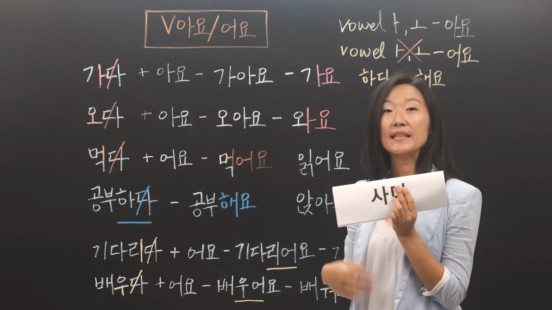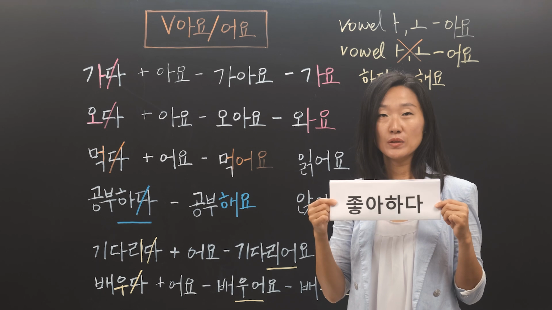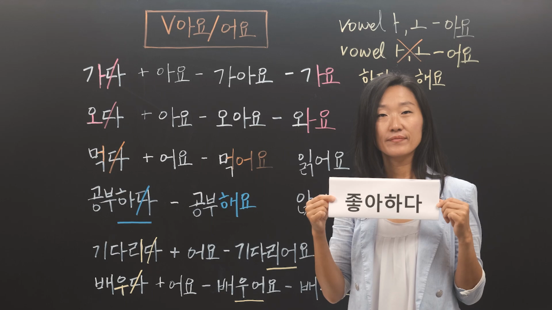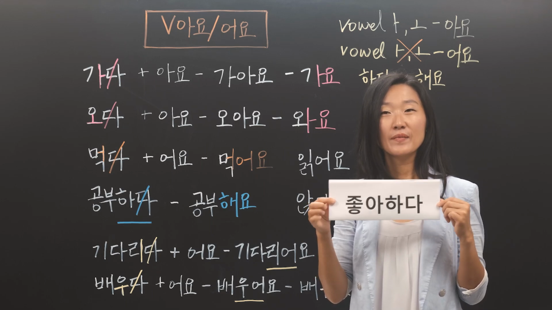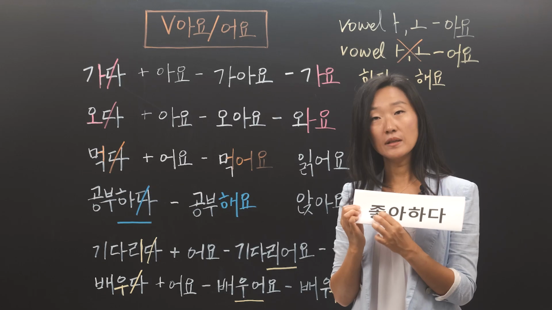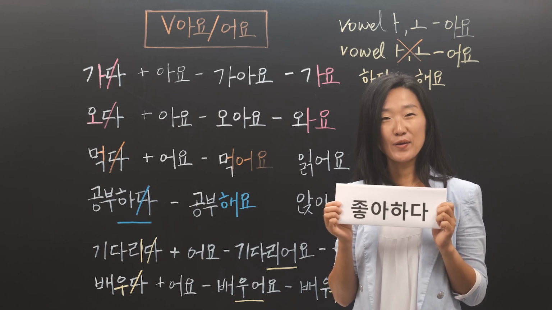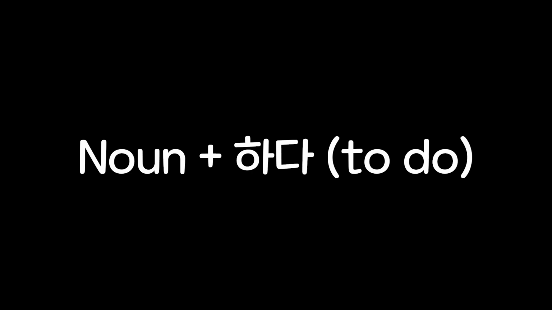So 사다, 사요. 좋아하다. To like. 좋아해요. 네, 받침 ㅎ, here this is silent. 좋아해요.